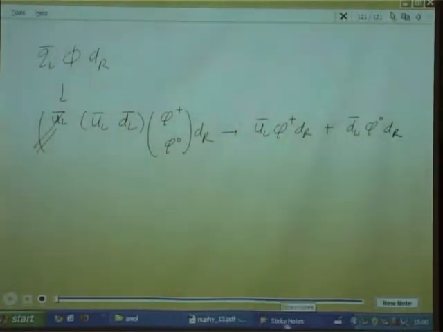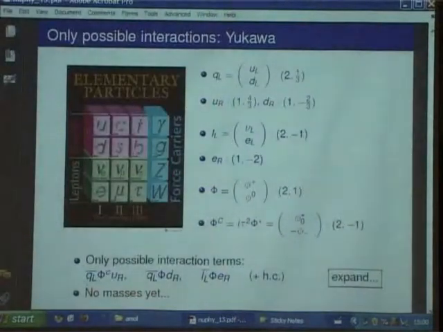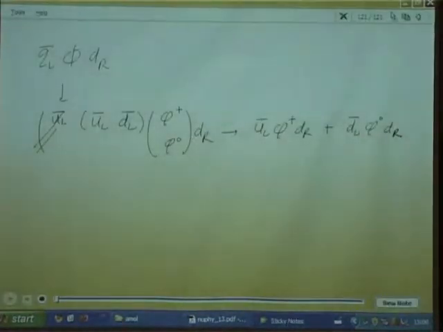The third term that I had written down was UL bar phi conjugate times UR. So this will be UL bar, DL bar, with phi conjugate being phi star and minus phi minus.